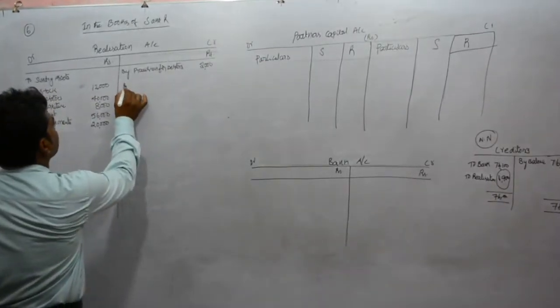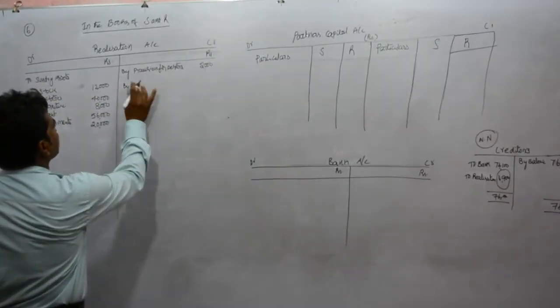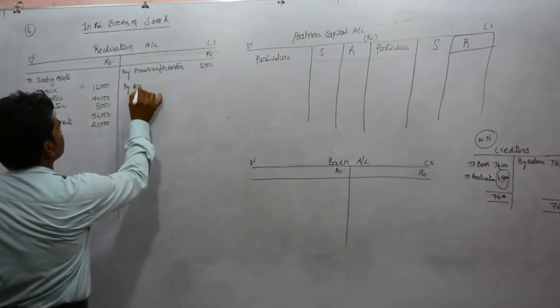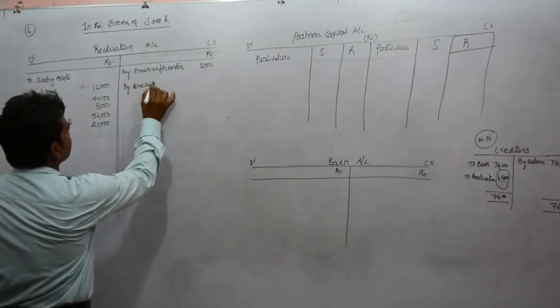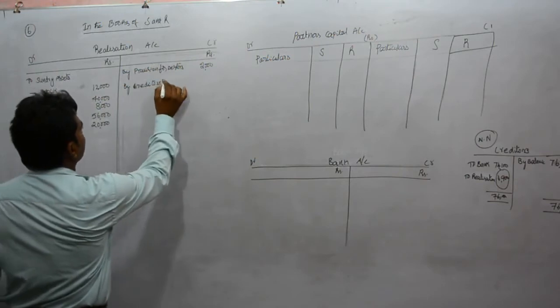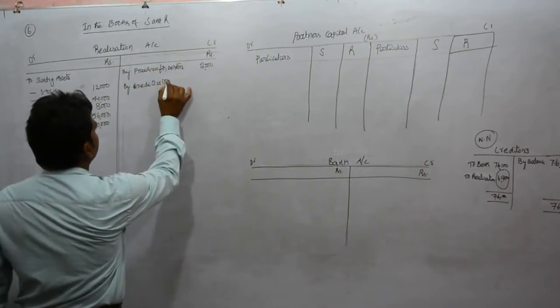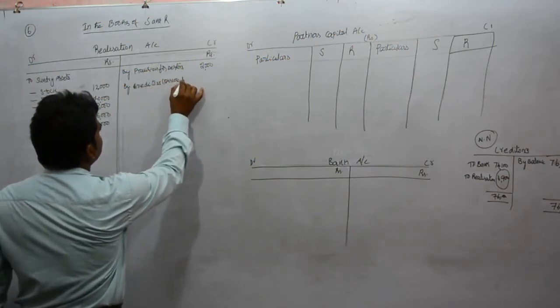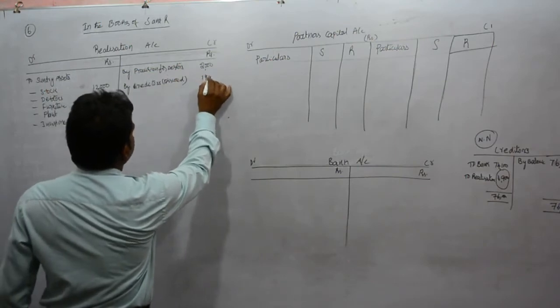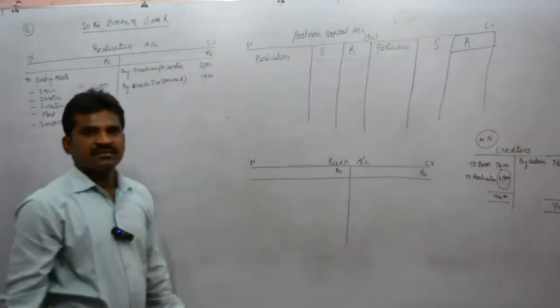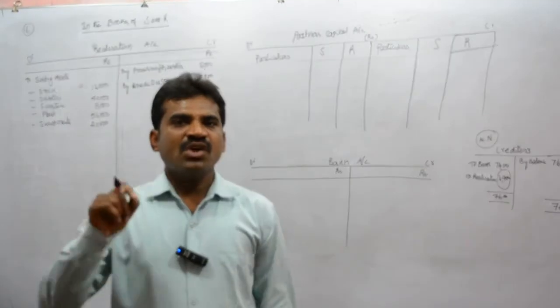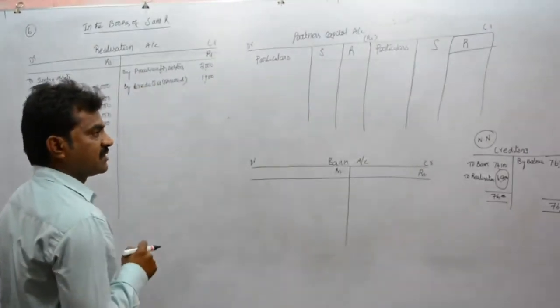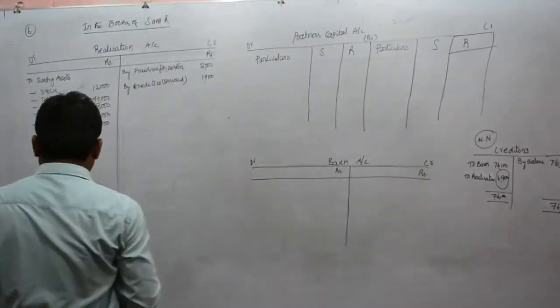Net effect, realization account creditors, this is discount. Like this also you can prepare. We prepared here, we transferred here only the net effect. Okay, so what is next?